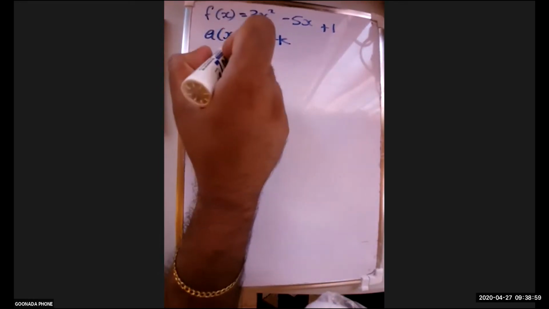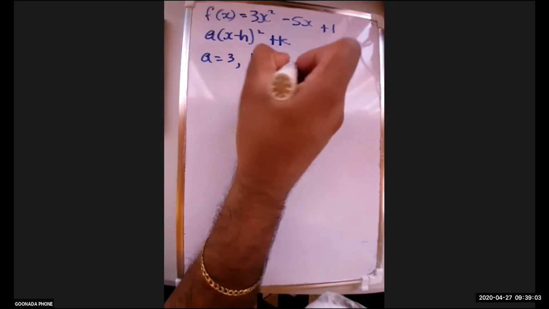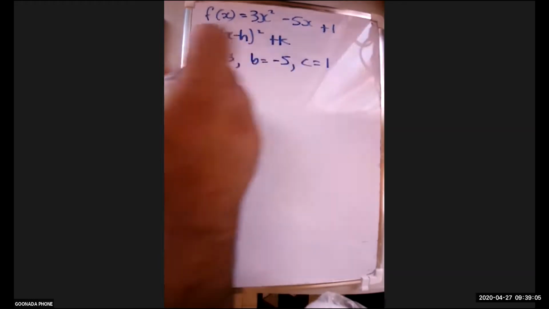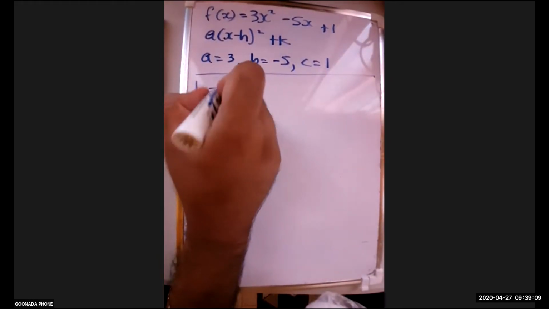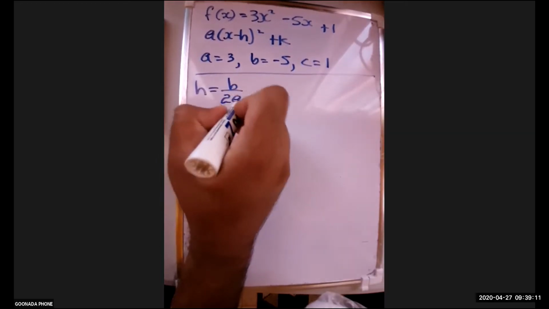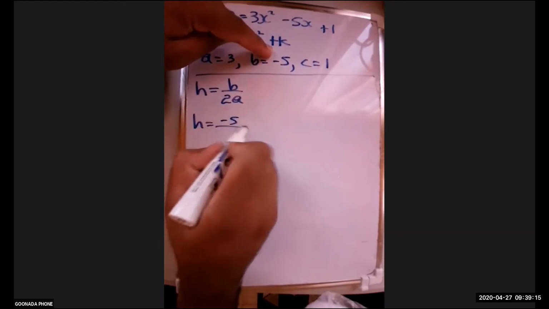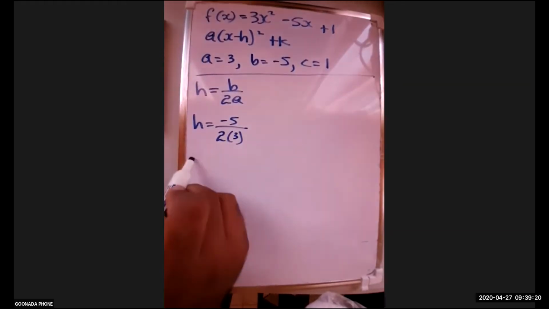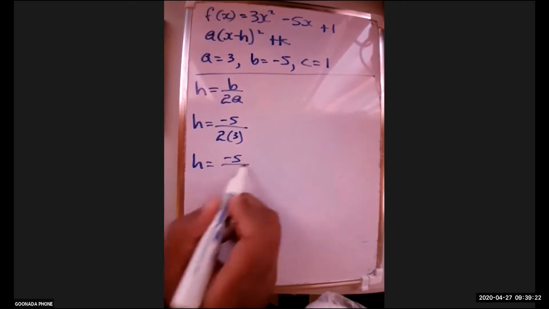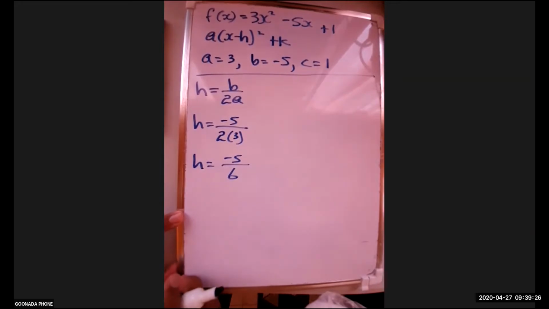Our a value is 3, our b value is -5, and our c value is +1. So the first thing we have to find is h. H is equal to b all over 2a. So h is equal to b, which is -5, all over 2 by a, which is 3. So h is equal to -5 over 2 by 3 is 6. Right? This cannot be broken down further, so that's the value of h.